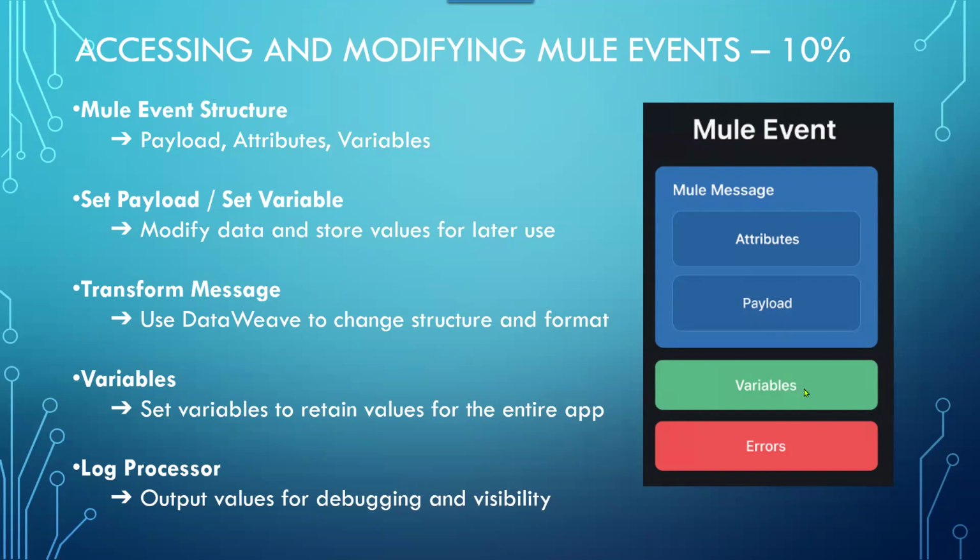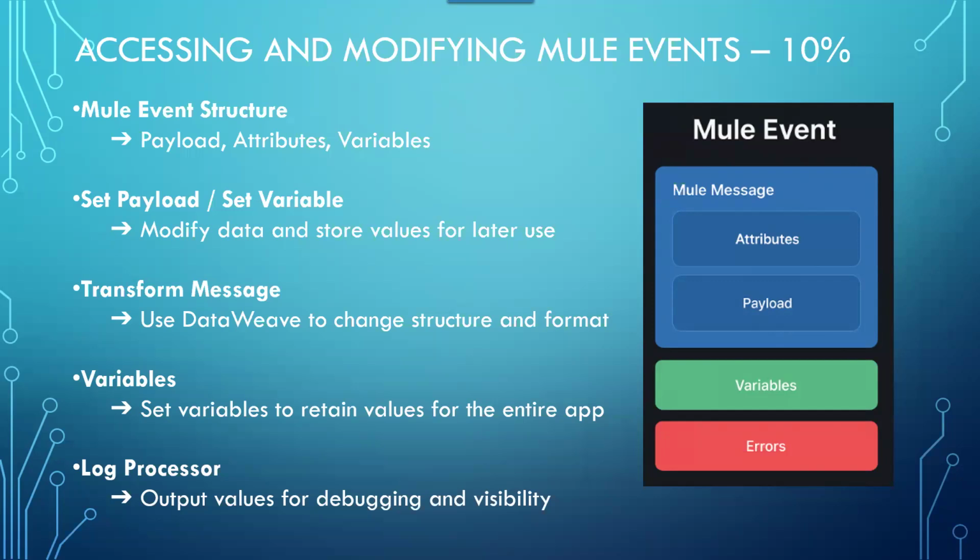One other thing about variables, and we'll talk about this per connector because it's a big part of the exam, is that, for example, in the batch job that we do, or in a for each scope, you're going to have variables that are created outside of some of these scopes that are available inside of either a batch or a for each or parallel for each.